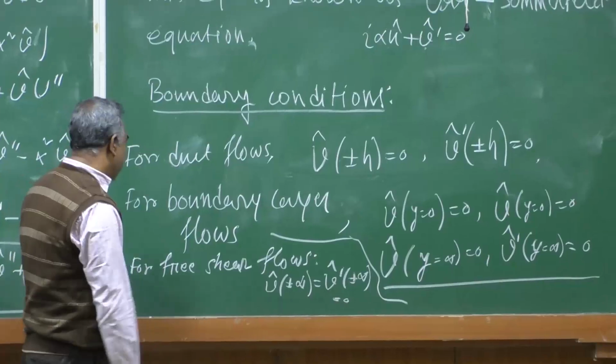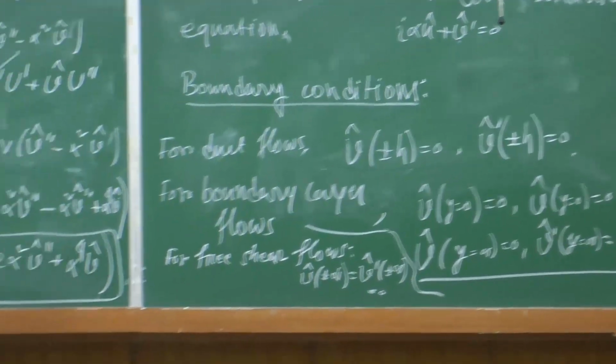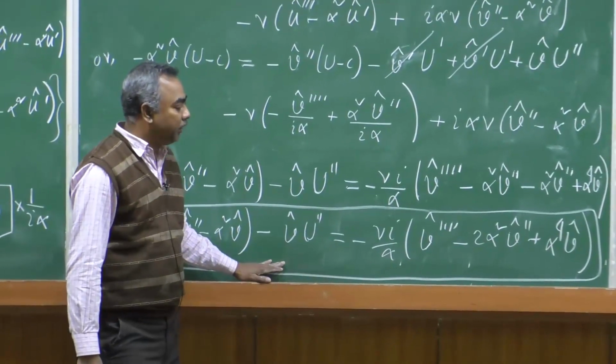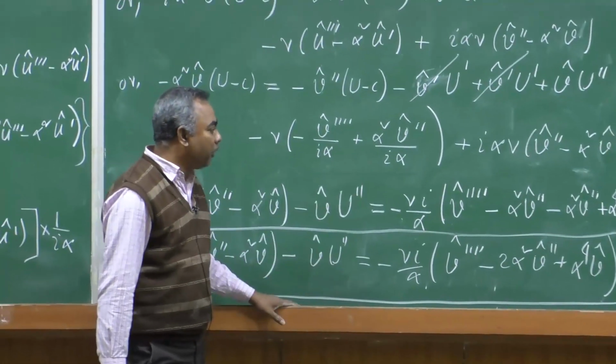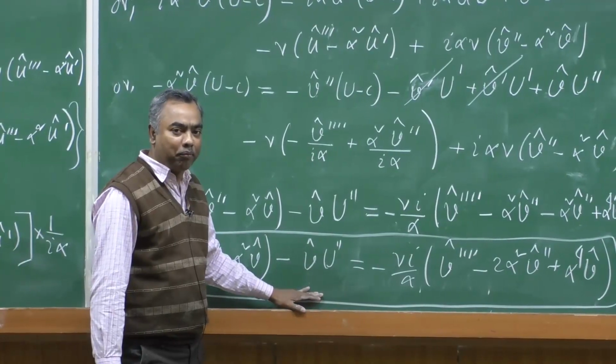Okay. So, as I have mentioned, this equation is a homogeneous ordinary differential equation of variable coefficient with homogeneous boundary conditions, which means it leads to an eigenvalue problem.